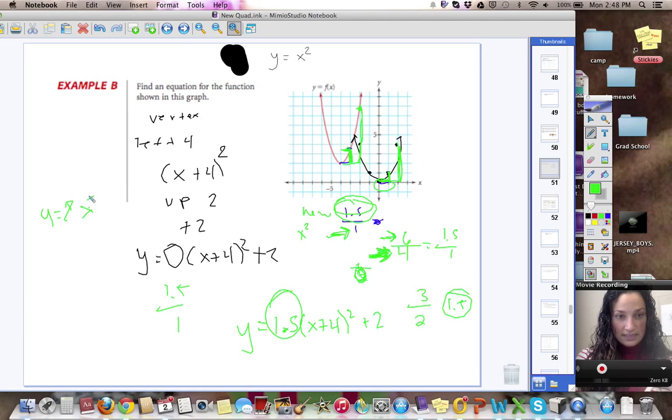If I had this as my equation, that means that my vertex is still at 0, 0 because there's no parentheses, plus or minus, and there's nothing at the end. It's just showing me a vertical stretch since it's greater than 1. I also could have had y equals 1/2 x squared, which would show me a shrink. So when you represent a stretch or a shrink, it always goes outside of whatever your squared term is. This one, it's by itself. Here, my squared term is this whole thing, and it's outside of that.